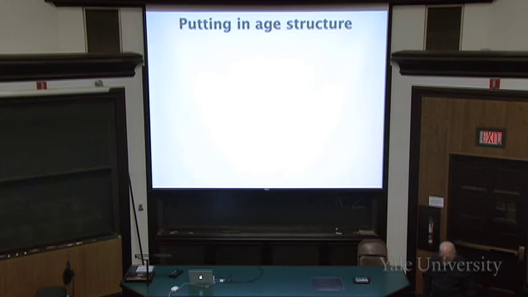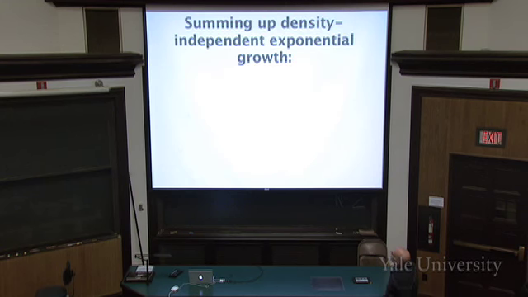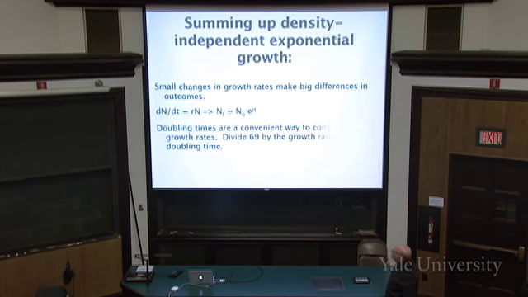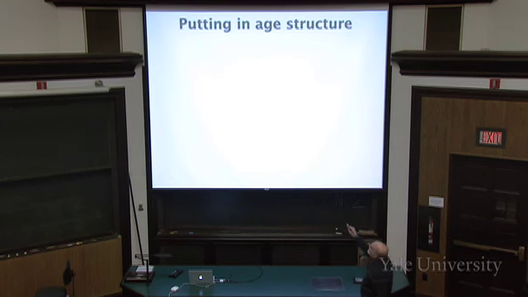Now, in summarizing this, there was no age structure. All of those numbers that we were counting up represented the population as though every single organism in it had the same probability of reproducing or dying. And that's not true.